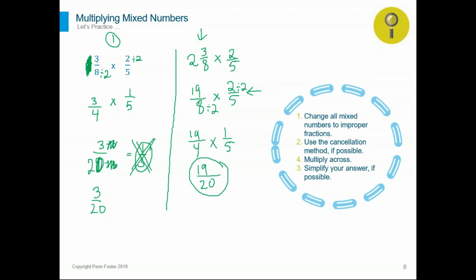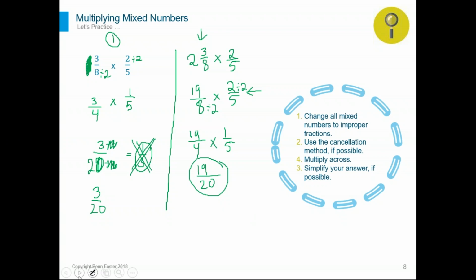One with no mixed number, 3 over 8 times 2 over 5, and the other one is the one that you have in your printouts, the 2 and 3 over 8 times 2 over 5, and obviously the two problems have different answers. Any questions on how to do the cancellation method?